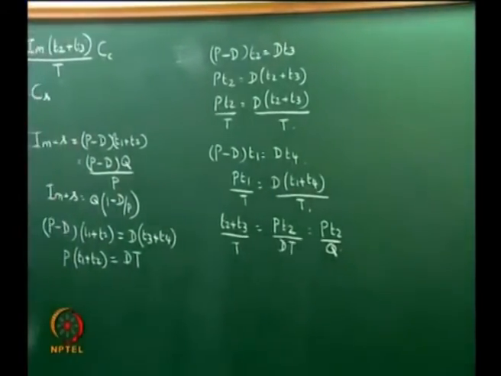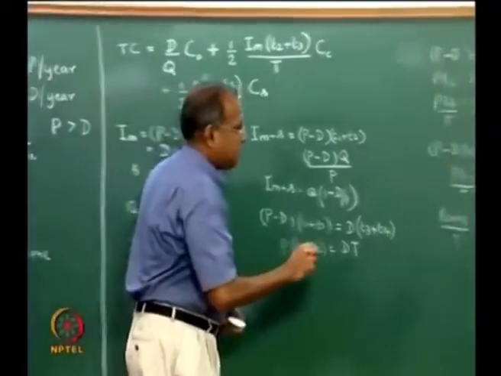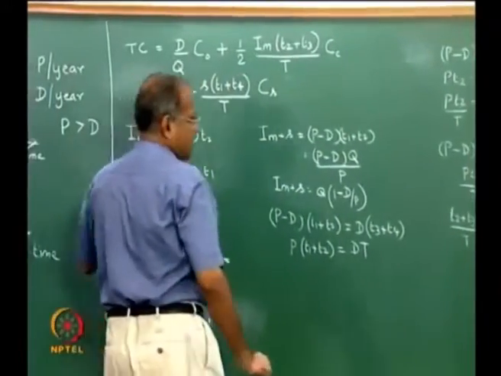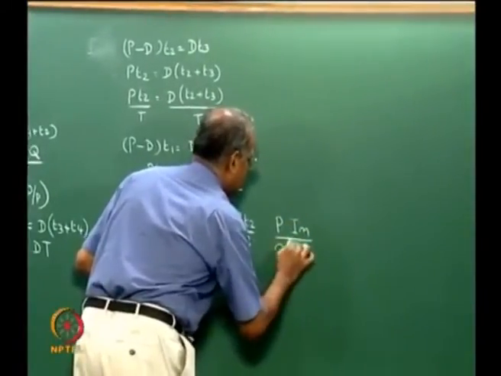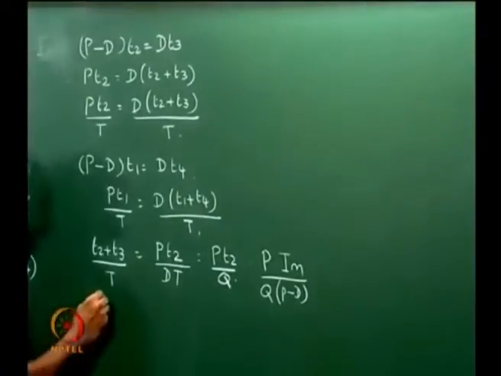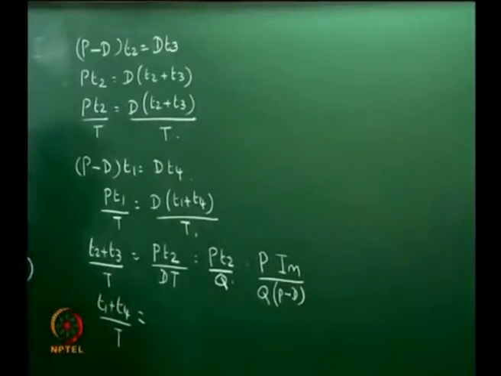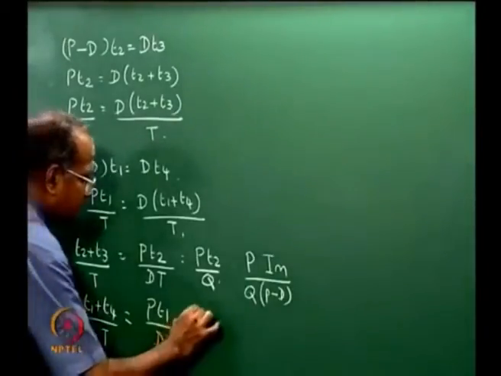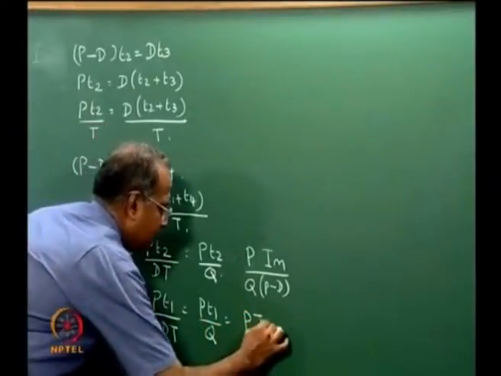From here we know that T2 is equal to Im by P minus D. So, P into T2 is Im by P minus D. So, P Im by Q into P minus D. Similarly, (T1 plus T4) by T will be equal to P T1 by dt, which is P T1 by Q, which is P Im.